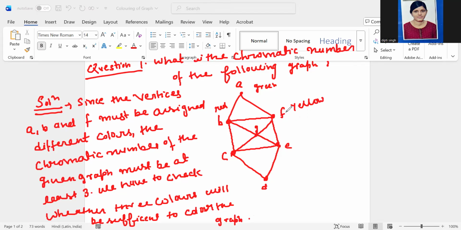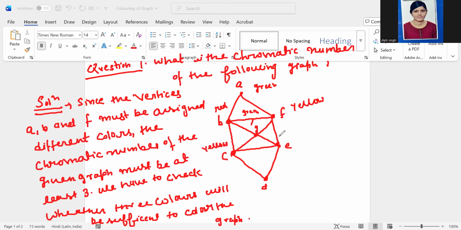Then we can color G with green, because G is adjacent to B and F. Likewise, the next vertex is adjacent to B and G, so we cannot color it by red and green, but we can color it by yellow.